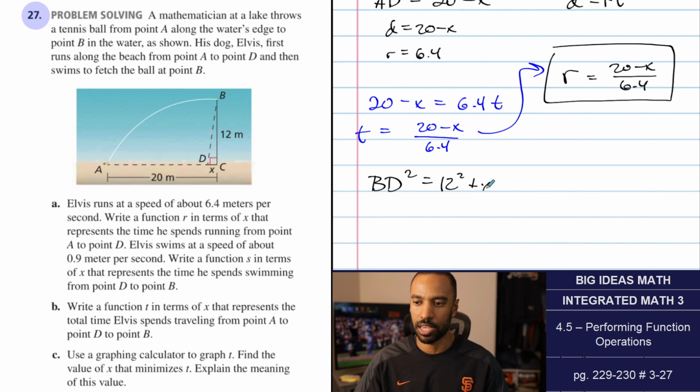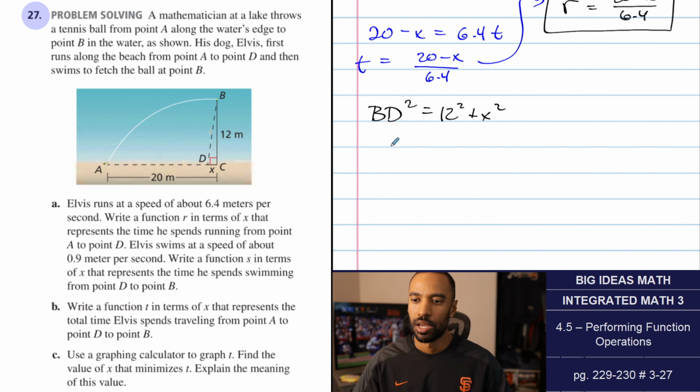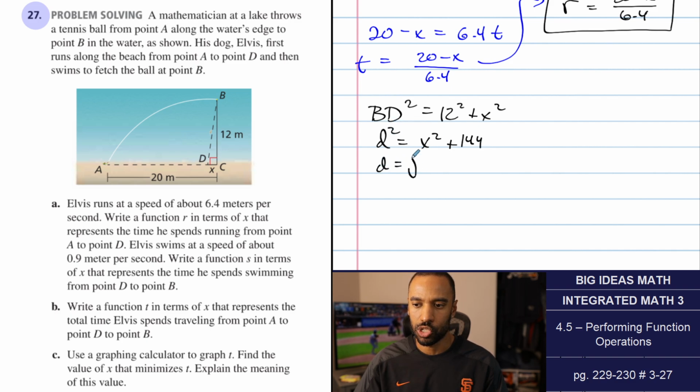We'll call this a new distance. Distance equals x squared plus 144. So distance is the square root of x squared plus 144.